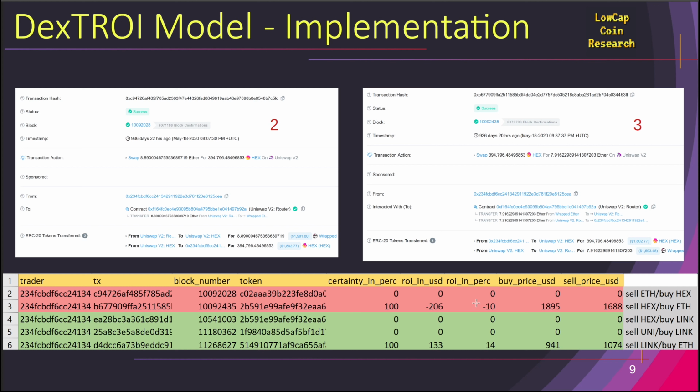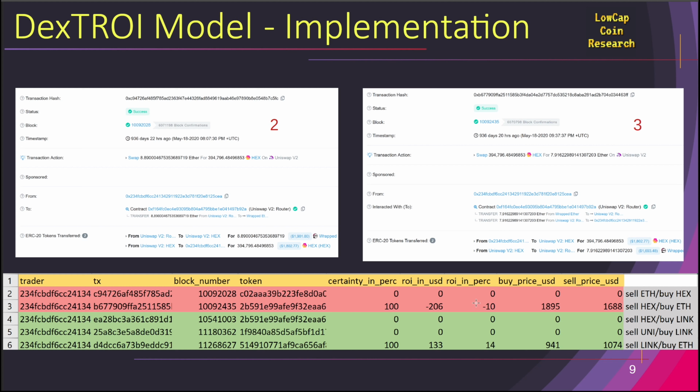Now look at row number 4, this one, and this picture here. The trader sold additional 5 HEX tokens, but because we don't have data for how he got these additional 5 HEX tokens, the certainty is 0.